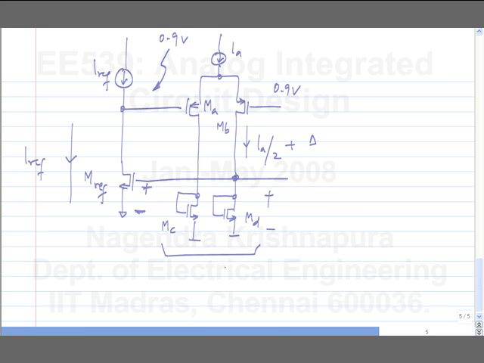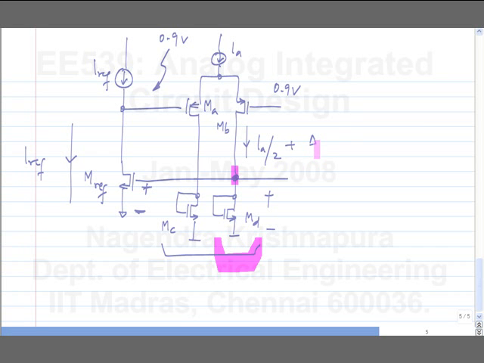That is what the feedback op-amp is supplying. The feedback adjusts this gate voltage so that it is sufficient to carry IREF. Now that voltage must be the output of my auxiliary amplifier. Now that voltage is also the gate source voltage of MD. So let's say at that particular voltage, the voltage at which you have IREF flowing here, this current is IA by 2 plus delta. It's more than IA by 2.